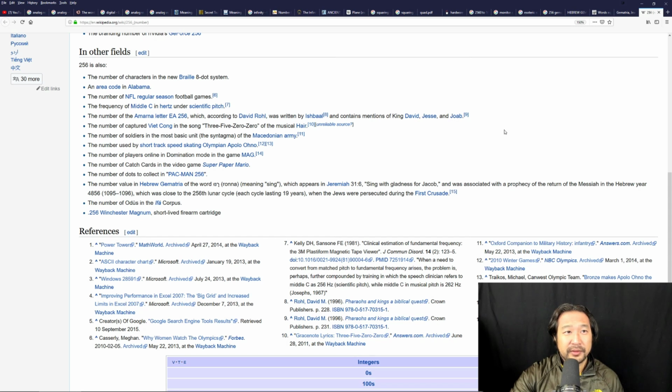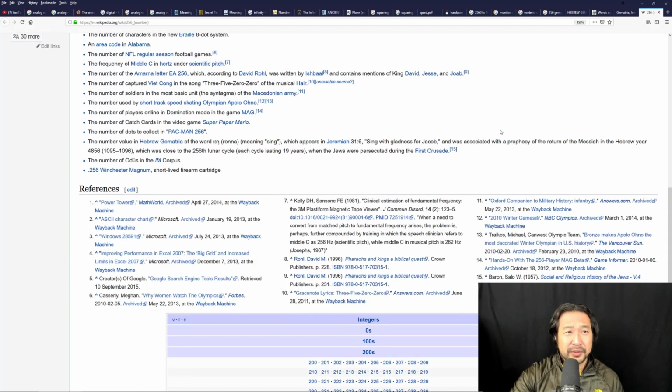The number of Amarna letter EA256, according to David Rowe, is written by Ishbal. Contains mentions of King David, Jesse, and Joab. The number of characters of Viet Cong in the song 3500, the musical Hair. The number of soldiers in the most basic unit, the syntagma of the Macedonian army. The number used by short track speed skating Olympian Apolo Ono.